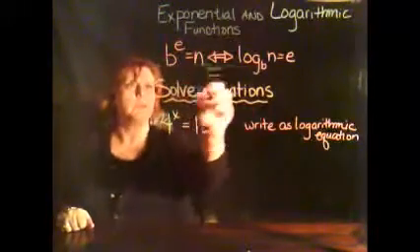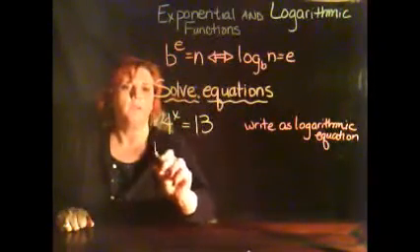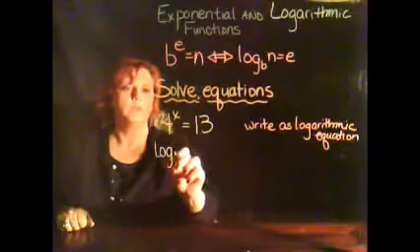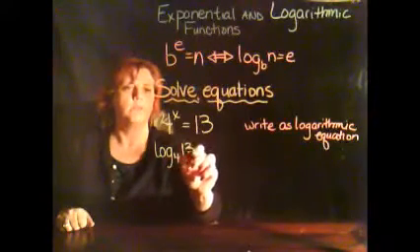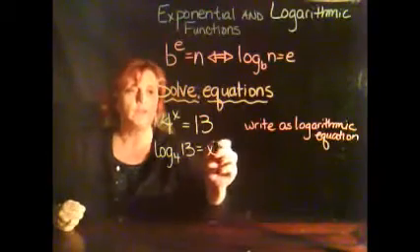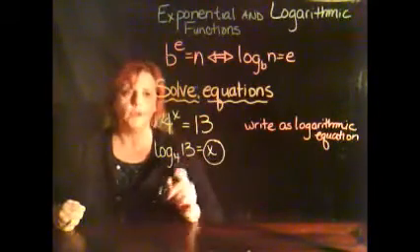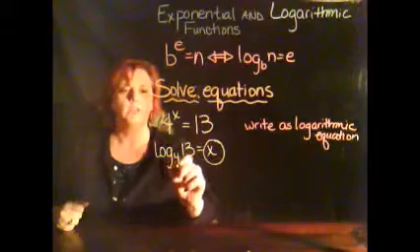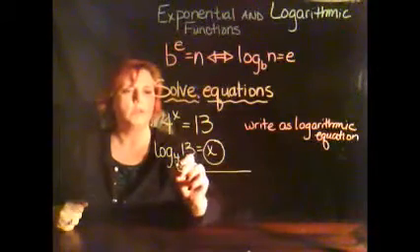So I'm going to use this information up here, and I'm going to write this as log base 4 of 13 is equal to x. Well, when I did that, I have solved it. I have written the equation for x, and I can just put this into my calculator.